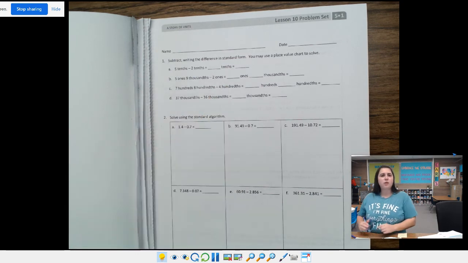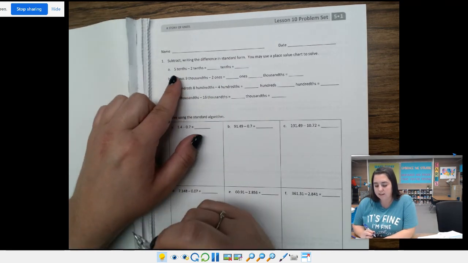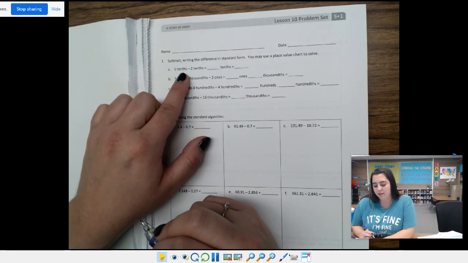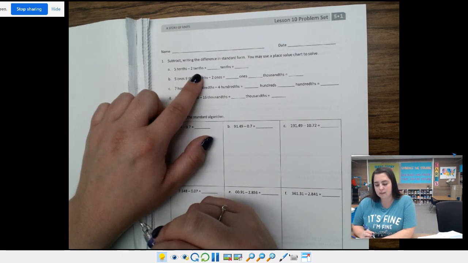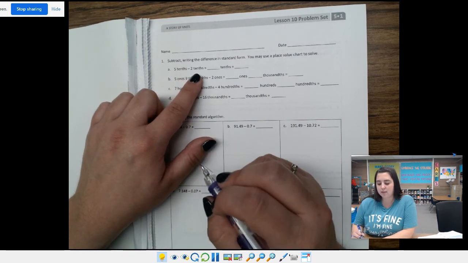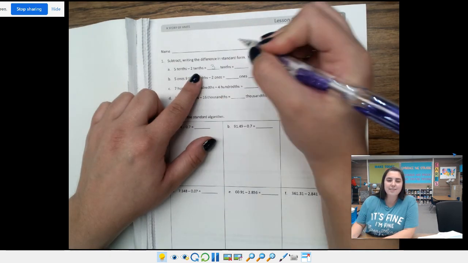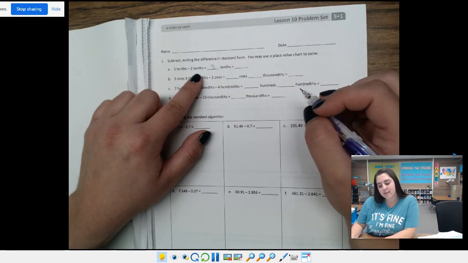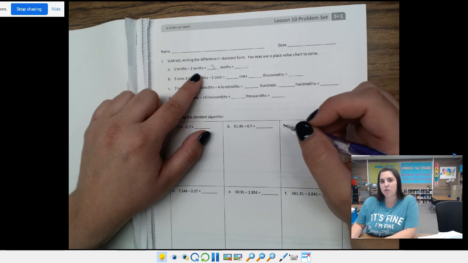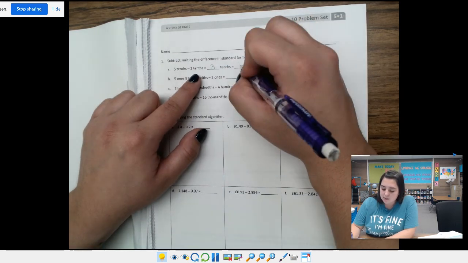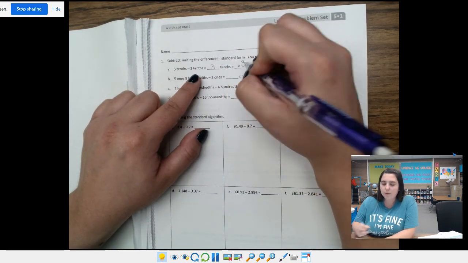So this is similar to what we did before. So let's do A together. 5/10 minus 2/10. How many tenths does that leave me with? 3/10. And what does that look like as a decimal? I should have a 3 in my tenths place. It should be right there.